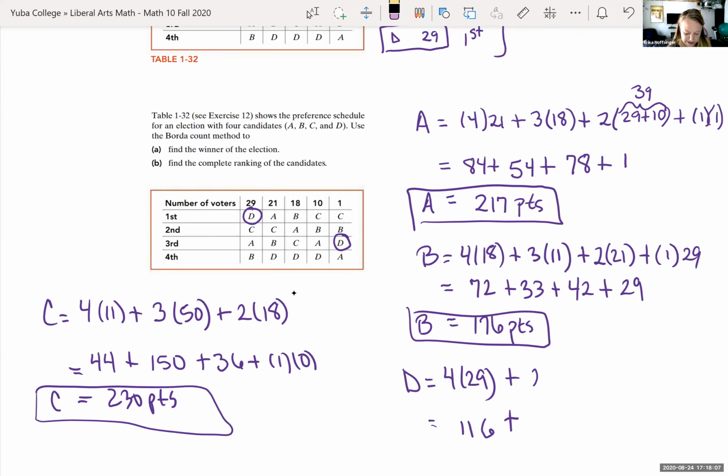So that's 2 points times 1. And then they have a group of last place votes. So for 1 point, we're going to sum, there's 21 plus 18 plus 10. 21 plus 18 is 39. 39 plus 10 is 49. So summing 116 plus 2 plus 49, you get 167.